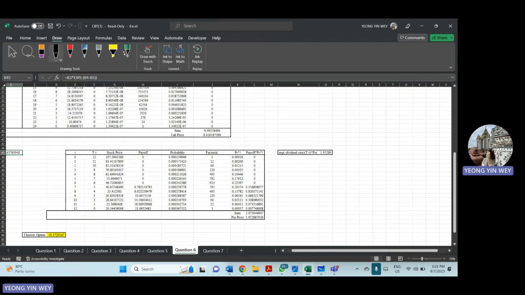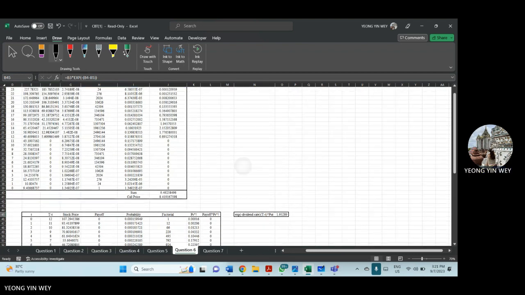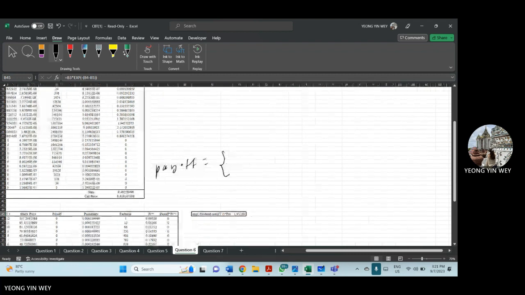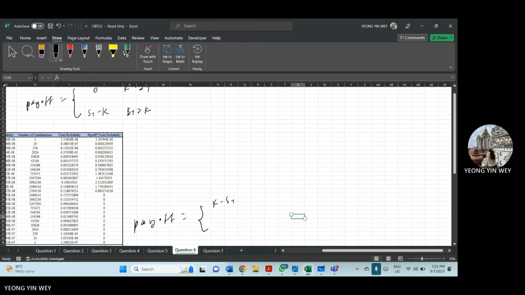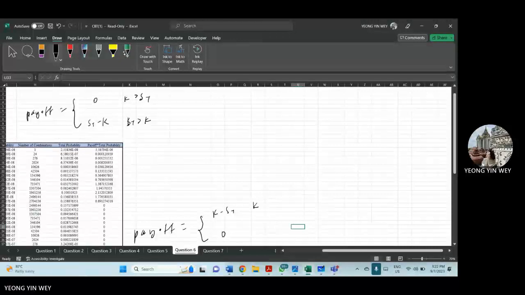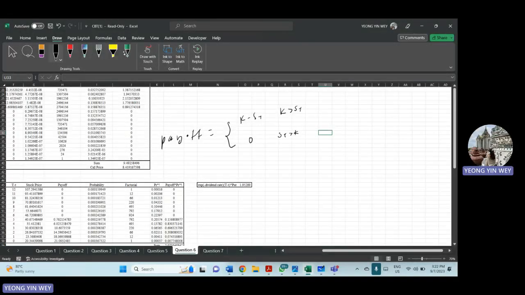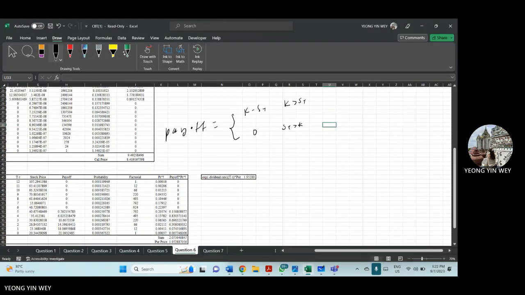But for the payoff, because this is the put option, if the stock price is larger than the strike price, then we do not exercise the put option, and vice versa. So we calculate the payoff, the probability, and the rest will be the same.